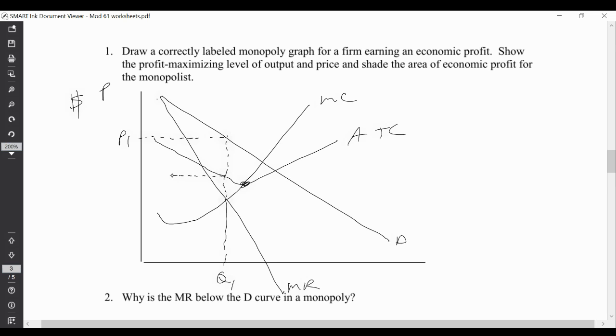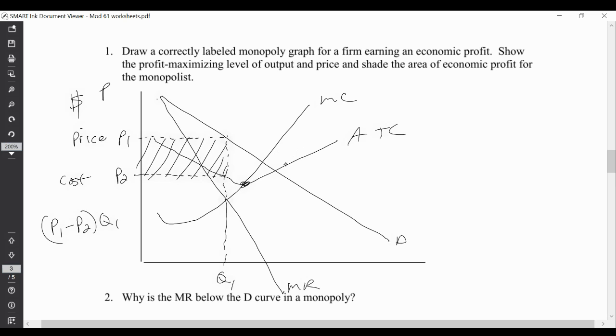Right here. So the cost for them is P2. This is the cost, and this is the price they're going to charge. So P1 minus P2, multiplied by Q1, is going to give us our profit. This is the economic profit right here for this firm.